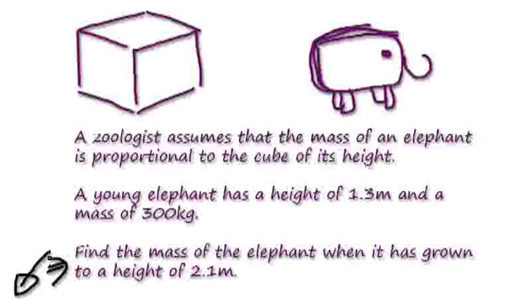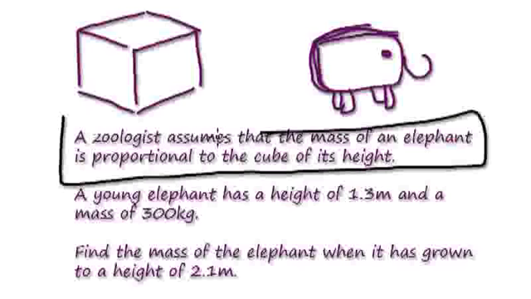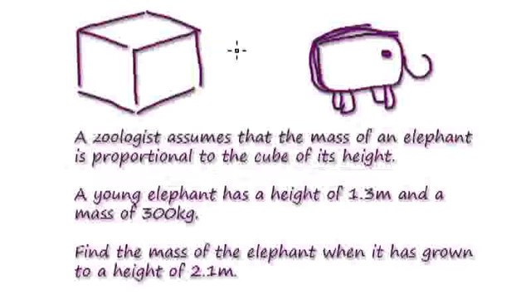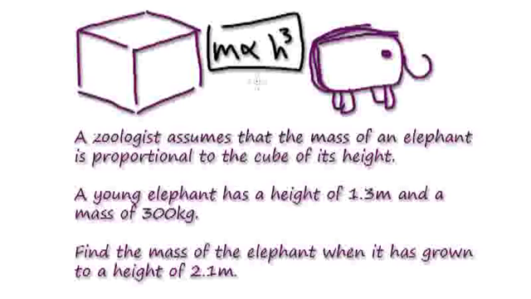Okay, so to do this, you can summarize the statement as: mass is proportional to the height cubed, and then from this you can jump to m equals a constant times h to the power 3.